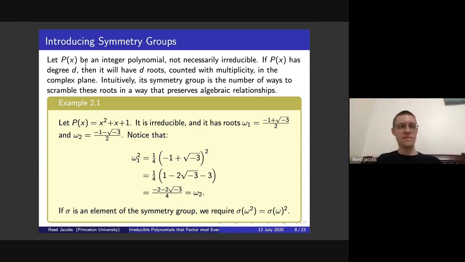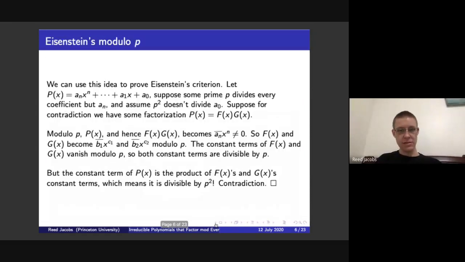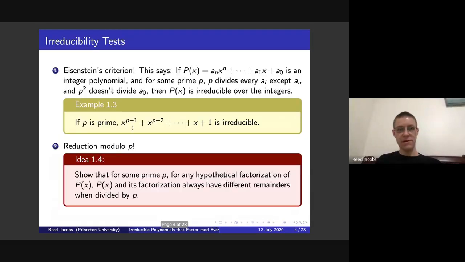Intuitively, you can think of this polynomial symmetry group as all the ways we can scramble its roots in such a way that preserves some algebraic relationships. One way of thinking about this is with the polynomial x squared plus x plus 1. We know it's irreducible because of what we proved here about polynomials that are prime.